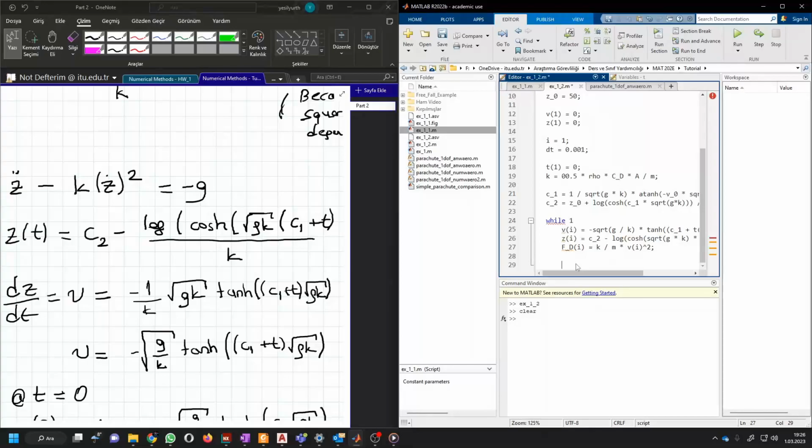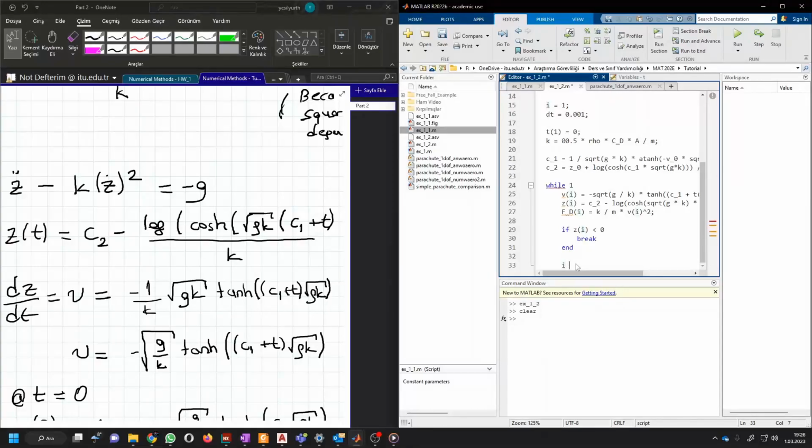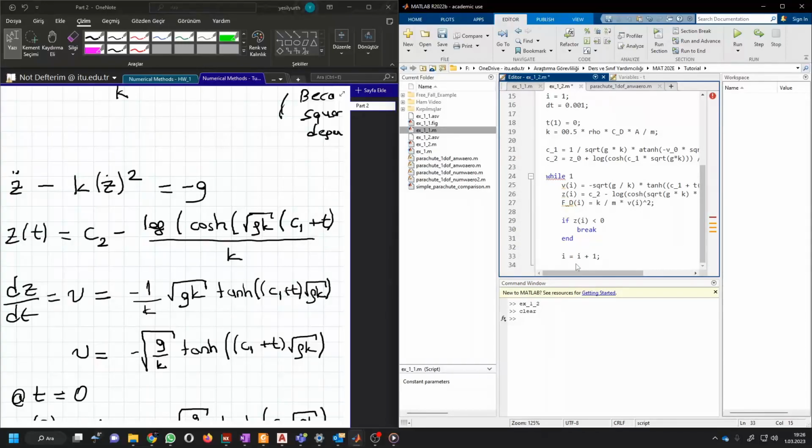Now we can write down the breaking condition for the infinite while loop. If zi becomes smaller than 0, break the loop. Increase my counter after every marching step, and increase my time with respect to my delta t at every step, plus dt.